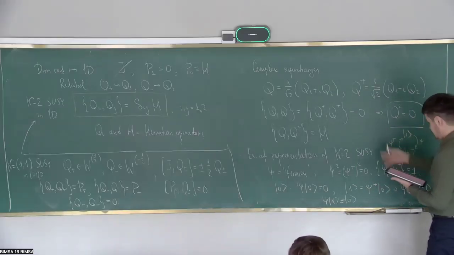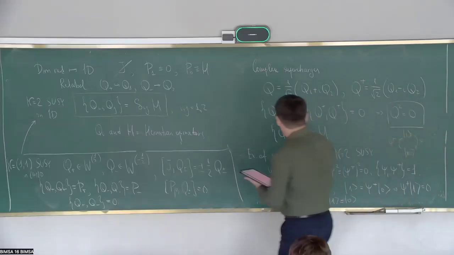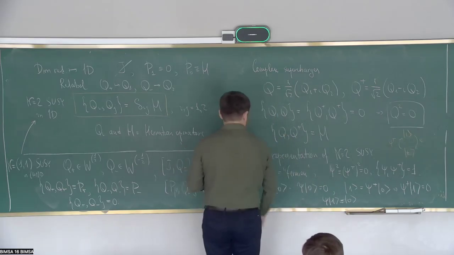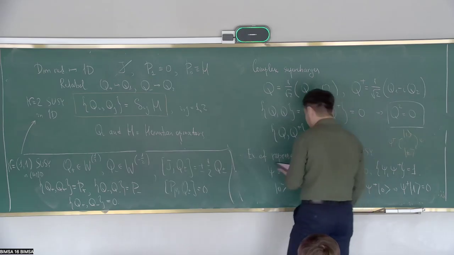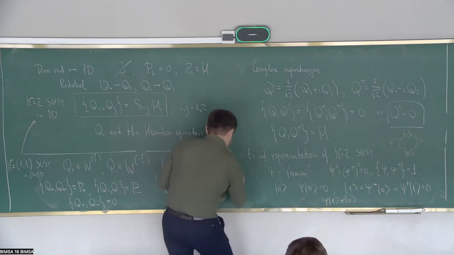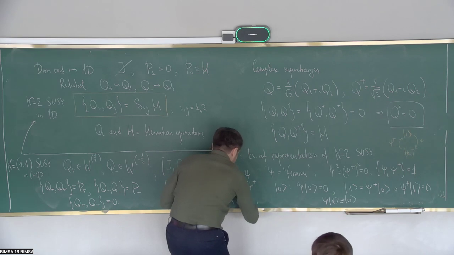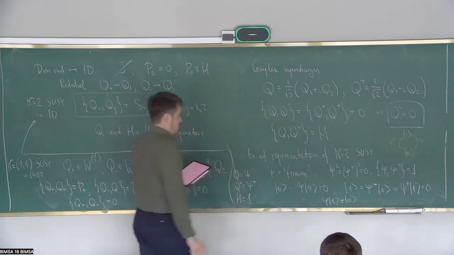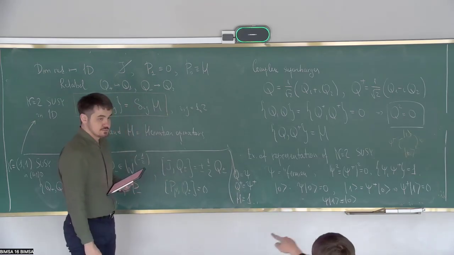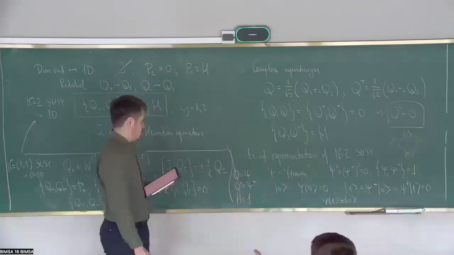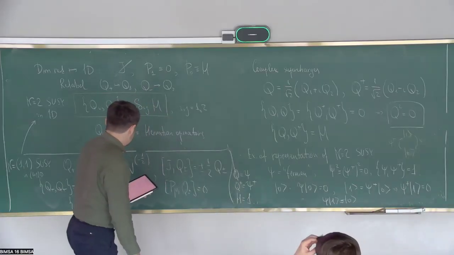So it's a two-dimensional representation. Now we can set how ψ is related to Q: we just set Q equals ψ, and we get H equals 1.